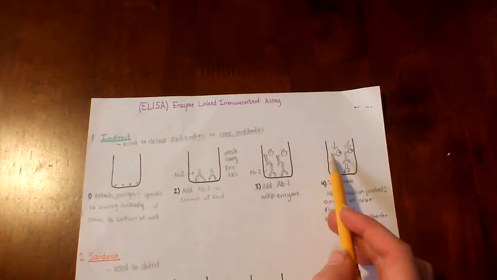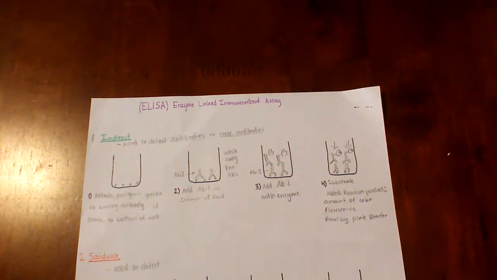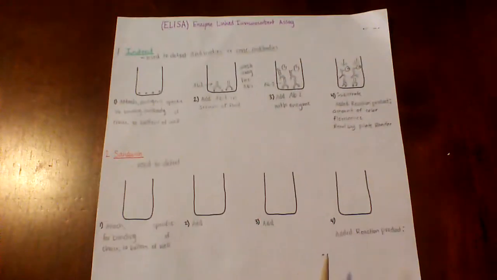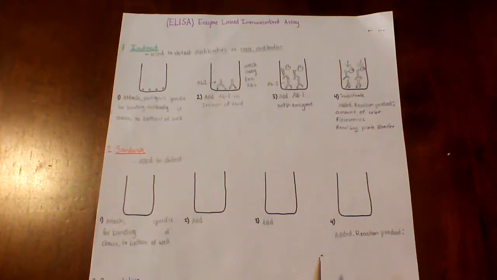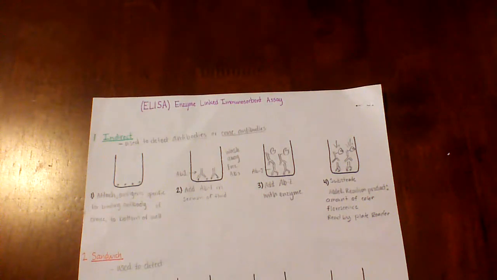So it can change the color of the whole well if it's supposed to produce a specific color. Okay, so also I was going to mention with the indirect ELISA, the indirect is also used to detect the presence of serum antibodies against HIV, which leads to AIDS. So this is also used for detecting that.